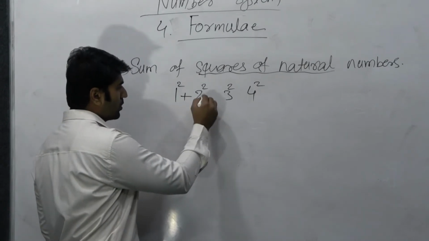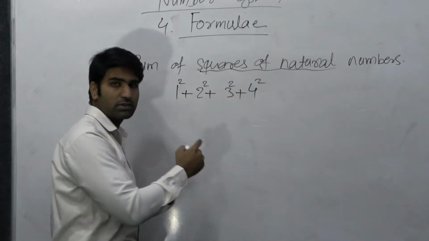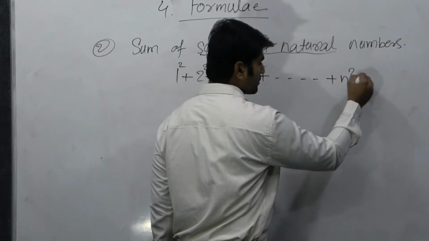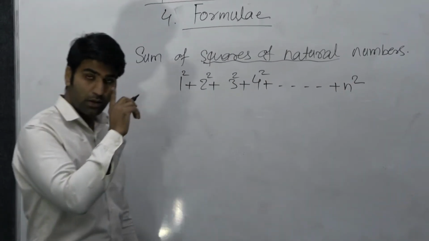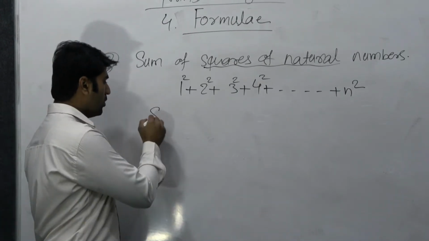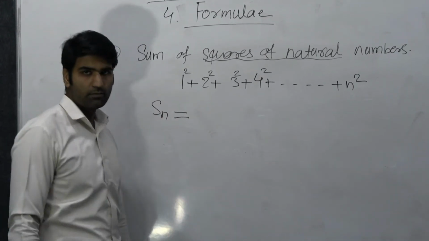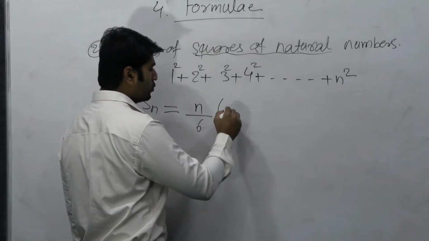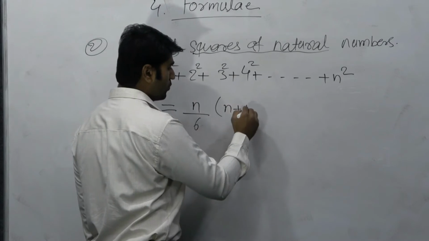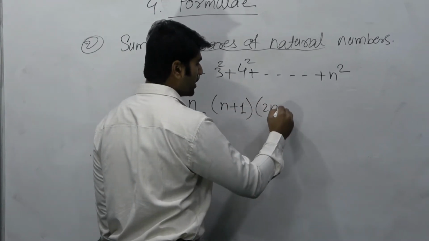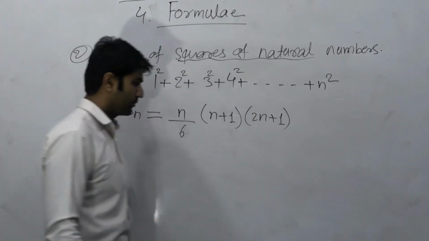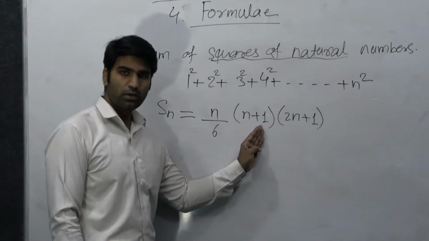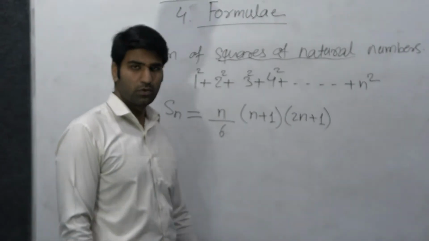Means if we have to calculate 1 square plus 2 square plus 3 square plus 4 square up to n square, then the formula is n upon 6 into bracket n plus 1 into another bracket 2n plus 1.